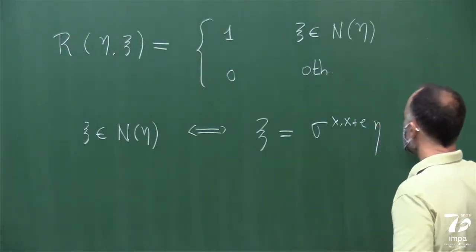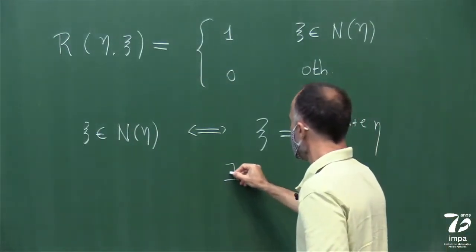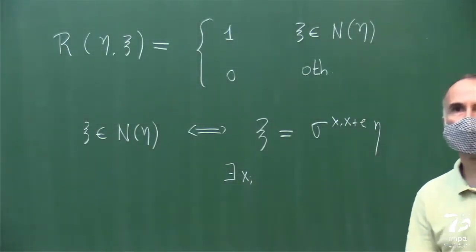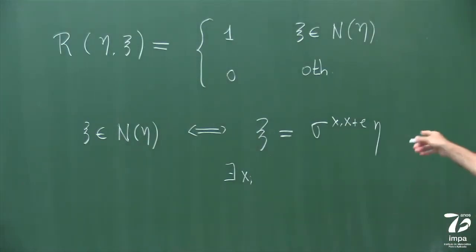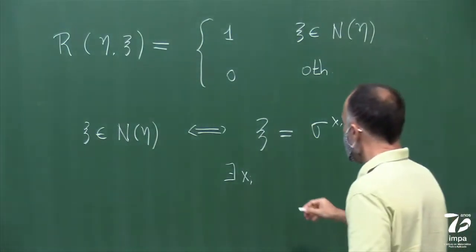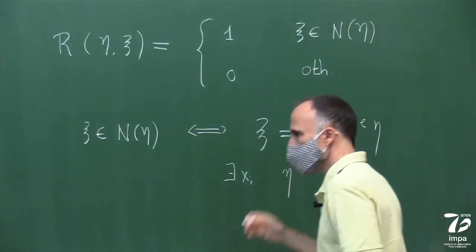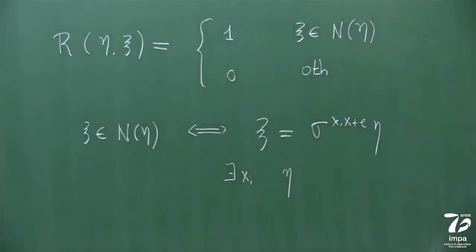So if and only if there exists x such that psi is equal to sigma_{x,x+e} eta. Okay? There exists an x with this property in mind.